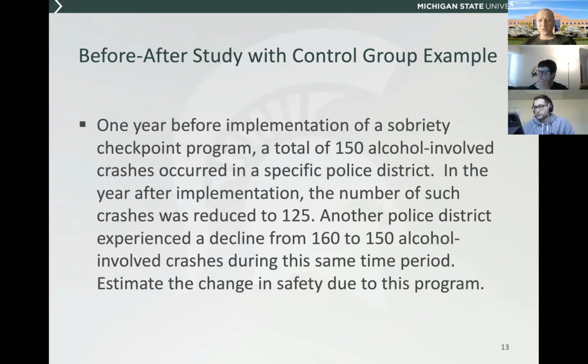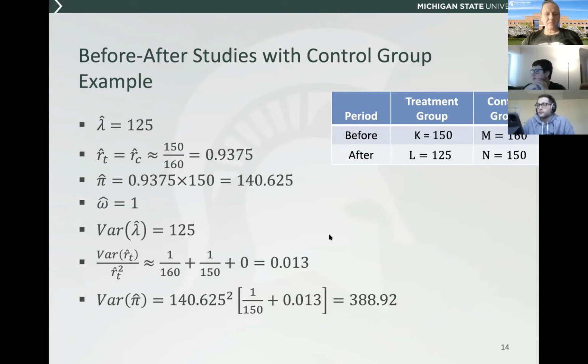Okay. And so we're just going to basically work through an example here where we account for the fact that we did see similar reductions, though not of the same magnitude, at other locations where that program had not been implemented. Okay. And so as we had done before, we're starting with our crash counts for the before and after period for both the treatment and control group. And so we've seen basically a decline of 6.25% in the control group from 160 to 150.